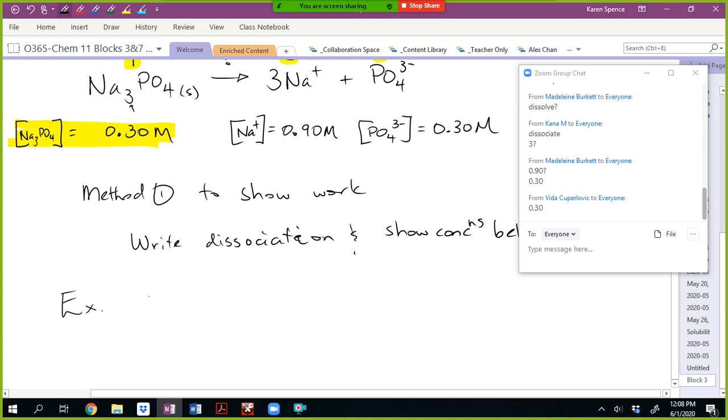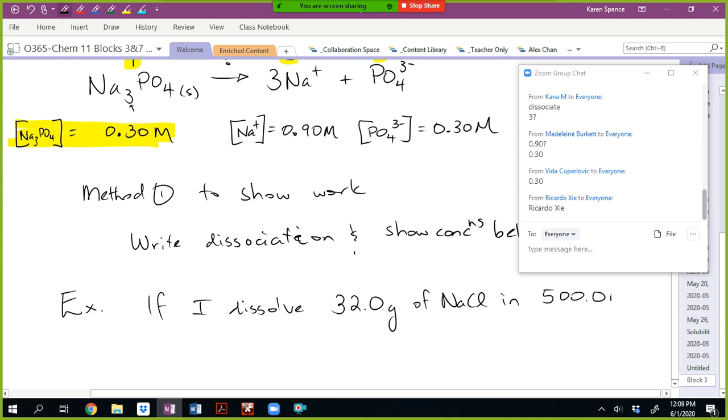All right, let's do one more example. If I dissolve 32.0 grams of NaCl, except I changed my mind, it's not going to be NaCl, it's going to be something else, in 500 milliliters of water.